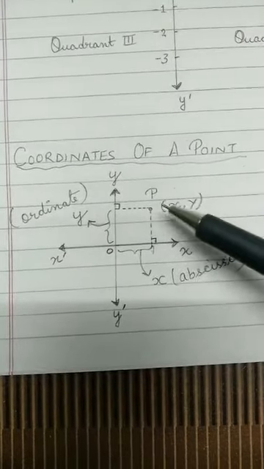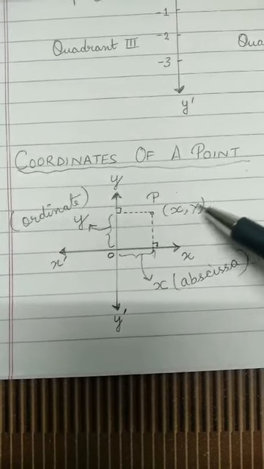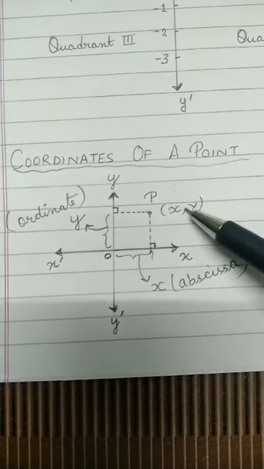Let us take a point P in the plane. The coordinates of the point are (x, y). Now these x, y, what do they represent?